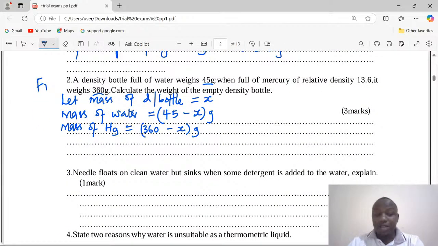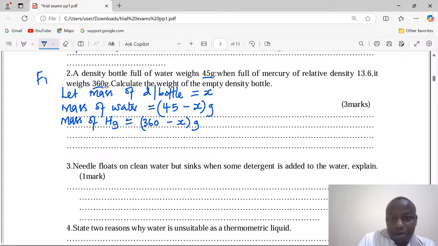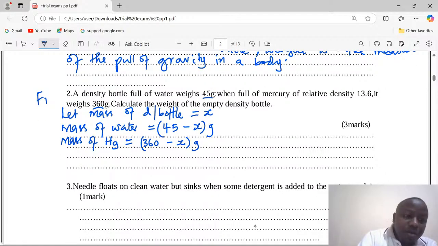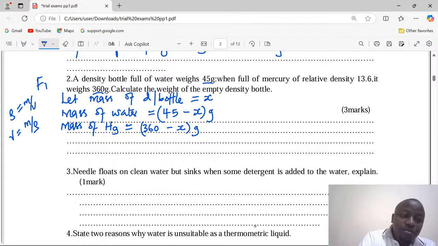So now, if we are using this in number 2, then we can now get volumes. Generally, we should know that because density is given by mass over volume, then volume will be given by mass over density. So with this, we can get the volume of water.